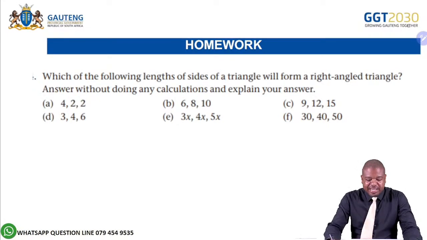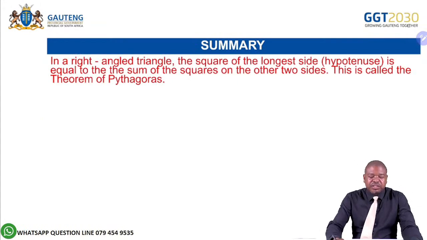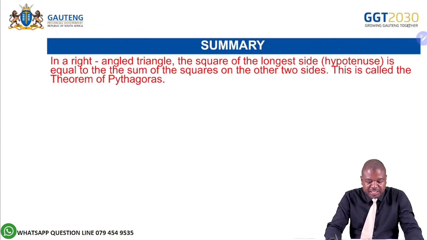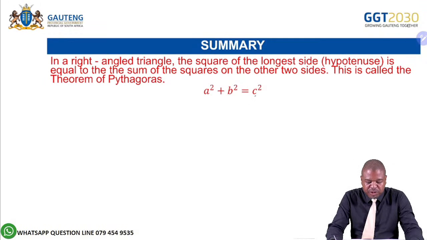Welcome back, grade 8 learners. Now let's summarize our lesson. What is it that we learned today? We learned that in a right angle triangle, the square of the longest side, which is the hypotenuse, is equal to the sum of the squares on the other two sides. And this is called the theorem of Pythagoras. And we can write it as a squared plus b squared is equal to c squared, where c will be our hypotenuse, right?